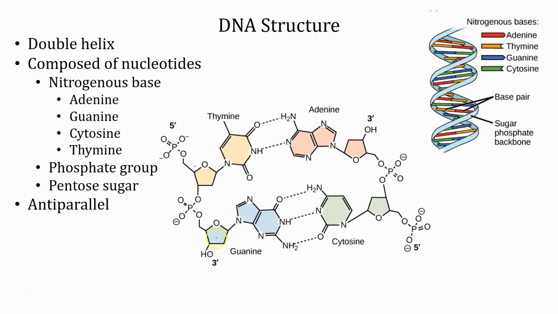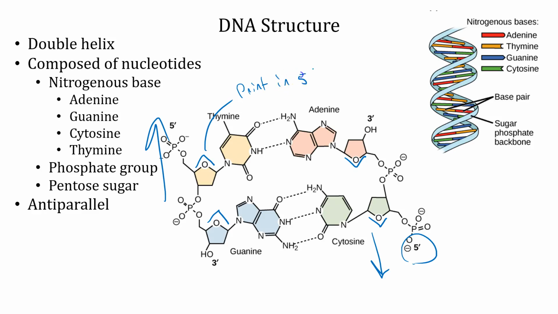If you imagine these pentose sugars, where the oxygen is here, this forms a little arrow or point. The point always points in the 5' direction. So here 5' is this way, and this one 5' is this way, and you can see that these are almost like little arrows pointing in the 5' direction.